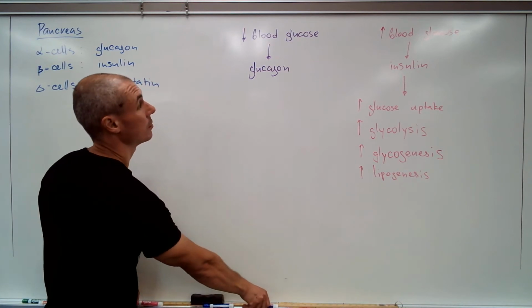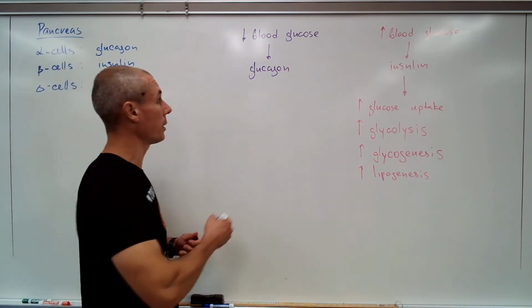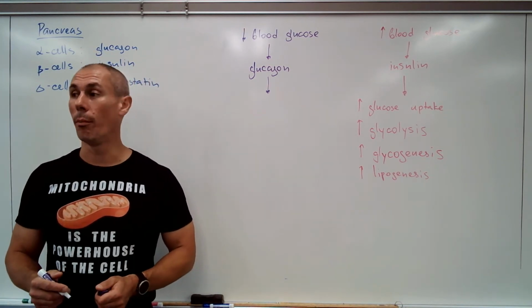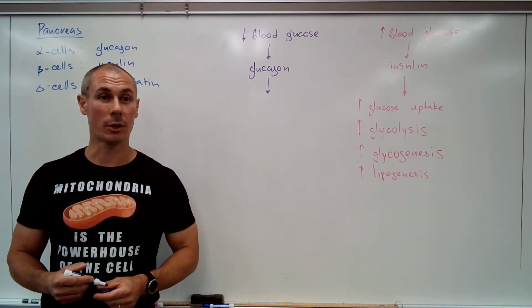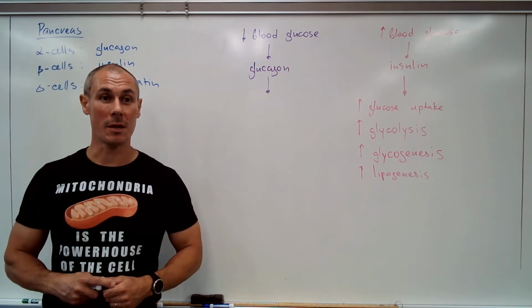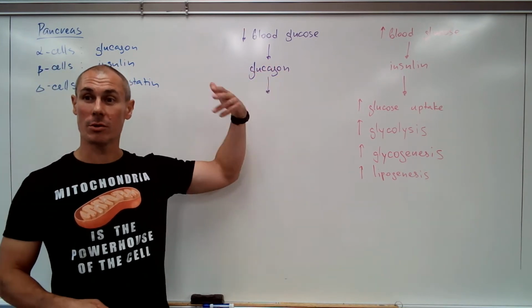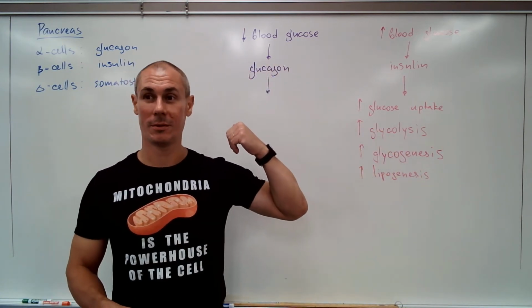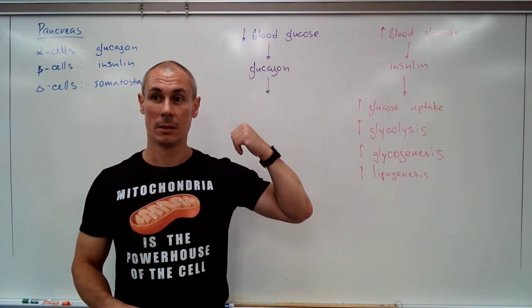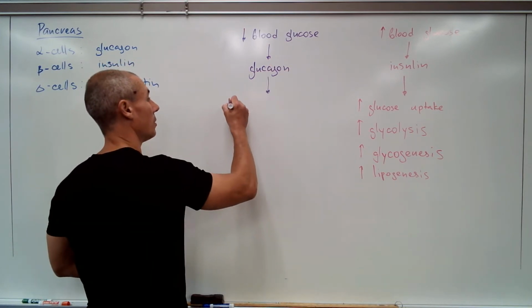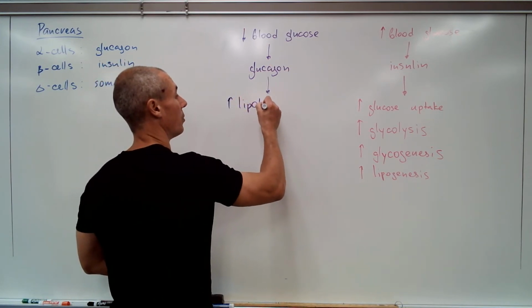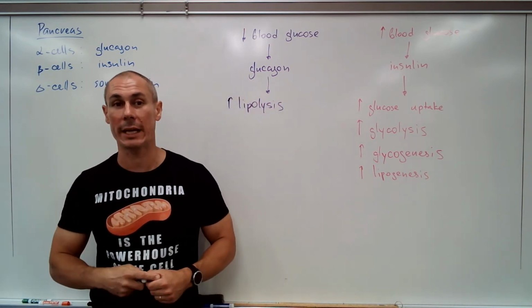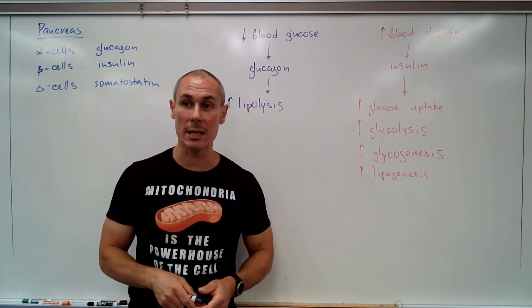Now let's talk about glucagon. So you have low blood glucose. Where can you take it from? Now you need to do the opposite. Now you need to increase the glucose in the blood. What can be a source of glucose? Okay, you can break down fat, right? It's not direct, but yeah, it's a good idea. You can break down fat, you can increase lipolysis.